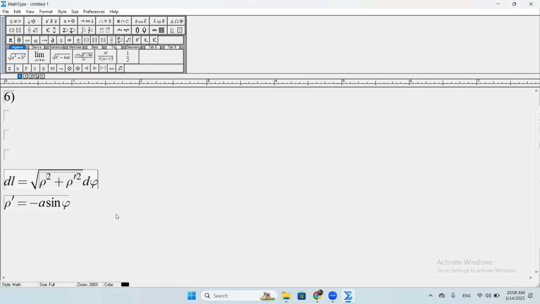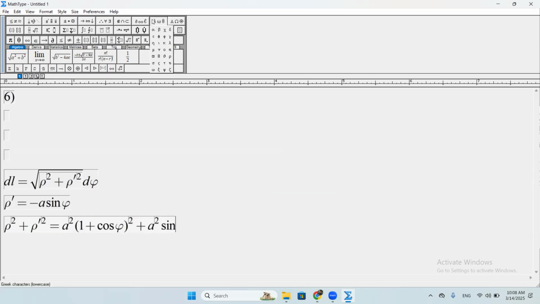And now let's calculate this expression. So a squared times (1 plus cosine of phi) squared plus a squared sine squared of phi.